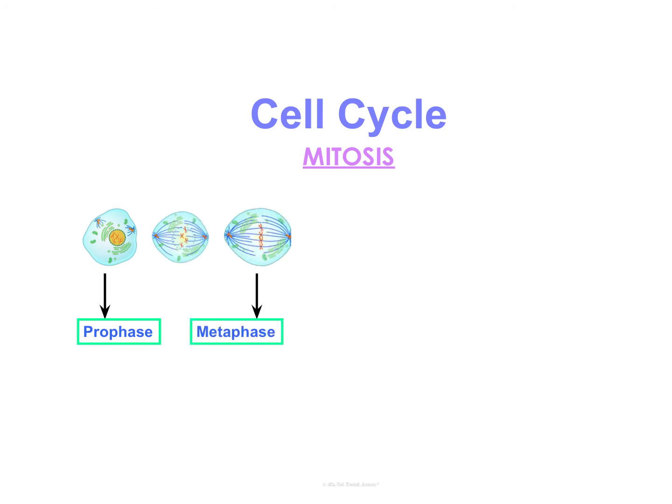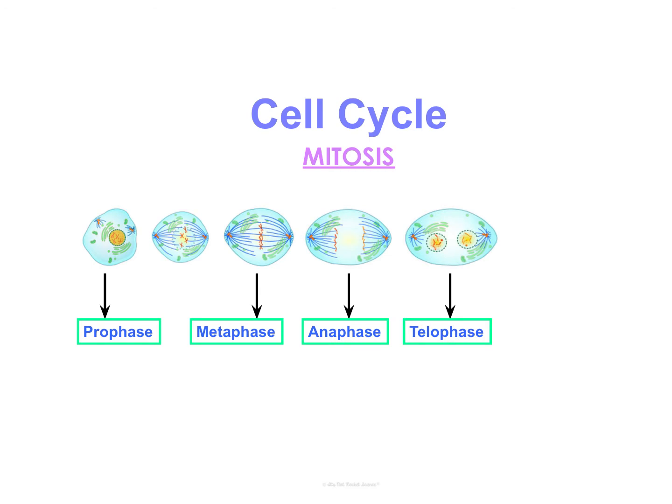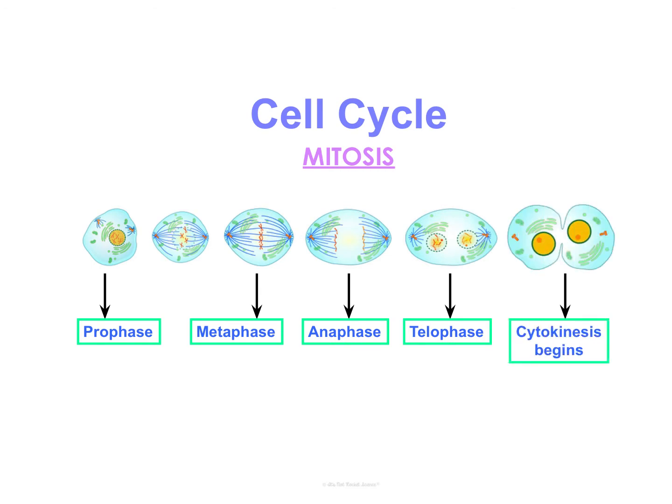So I'm briefly just going to show you all of our phases of mitosis before we talk about each of them individually. So you won't have anything to write down here. But first we have the prophase cycle. Prophase is the first phase of our mitosis. Then we have metaphase, and then anaphase, telophase, and then cytokinesis.